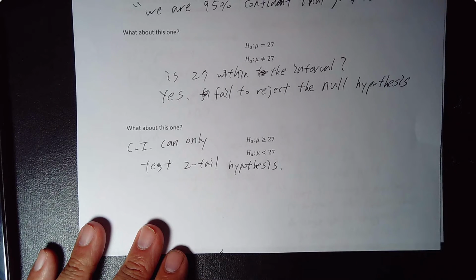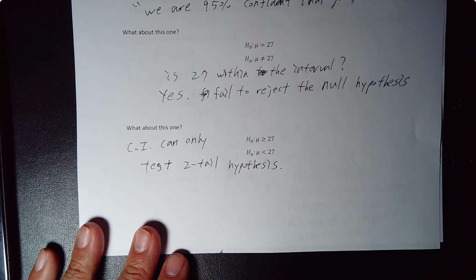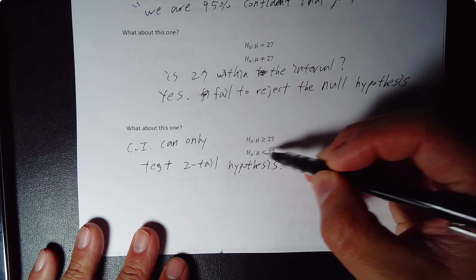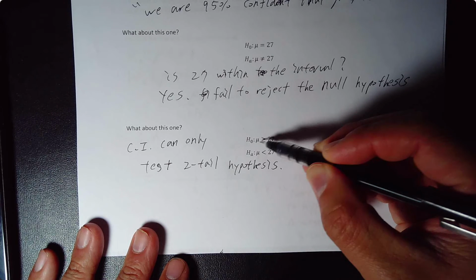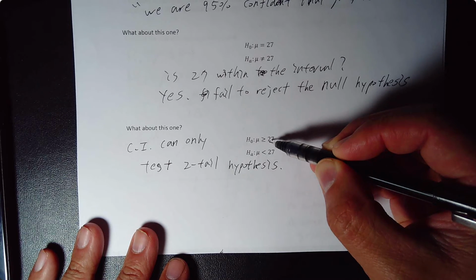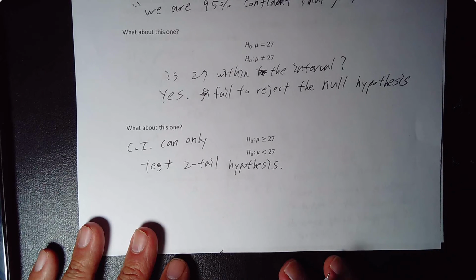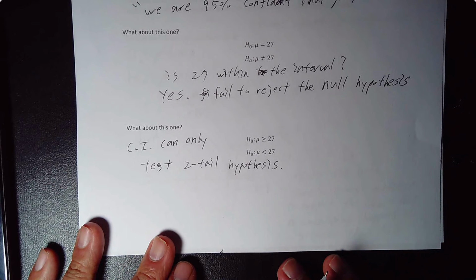There is a way for one-tailed tests, but we don't cover it at this level of statistics class. So if you want to test a one-tailed hypothesis, you will have to go through a hypothesis test. You wouldn't be able to do that with the confidence interval.